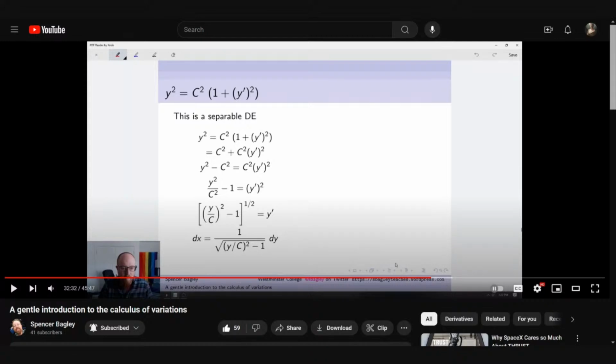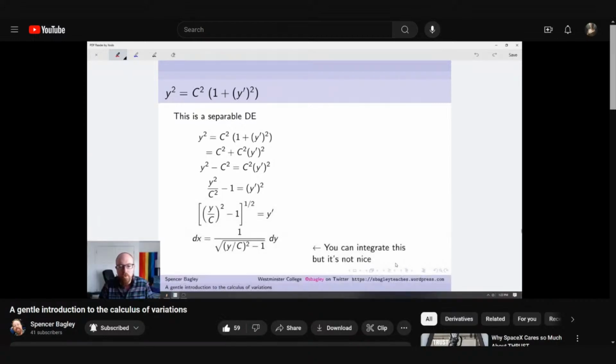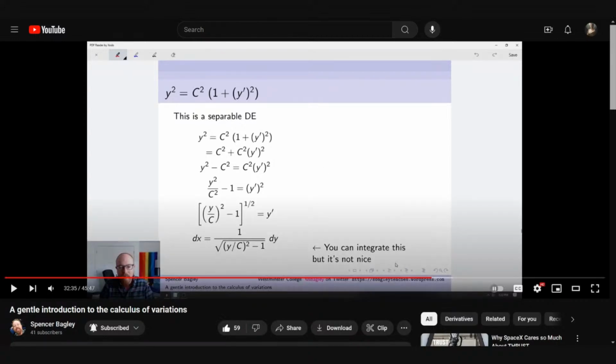So take the derivative of both sides or something. dx is equal to, I'm not going to talk through it because that's boring. You can integrate this, but it's not nice. Wait, what about the last part? Well, y prime is just dy dx, so this is just dy divided by dx.